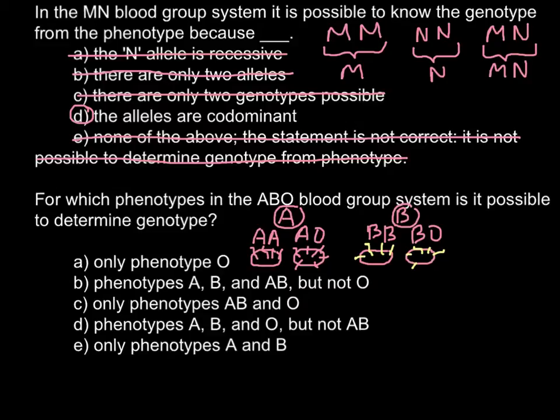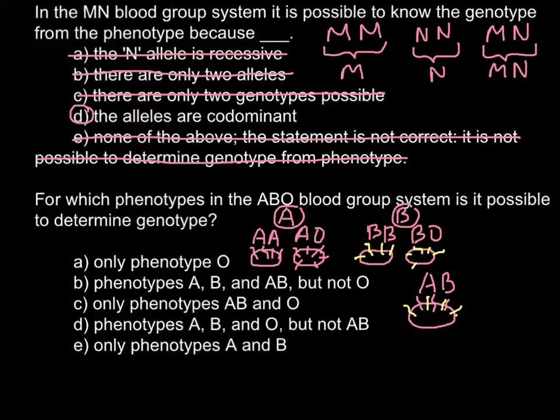And also we may have such a situation when we have both glycoproteins present, glycoproteins A and B, and the genotype, of course, in this case would be AB. And this is also the phenotype. So phenotype here would equal genotype.